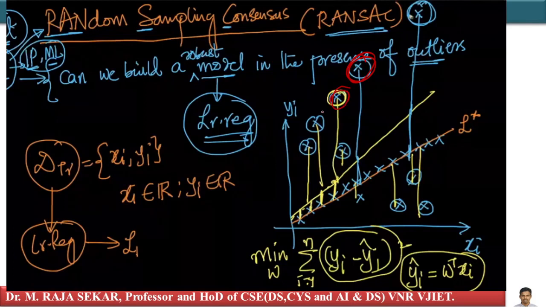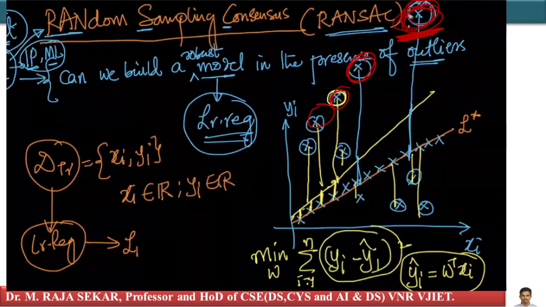This is an outlier, this is an outlier, this is an extreme outlier. You can find outliers at a particular distance. This particular outlier is far away from this line, far away from the original line.